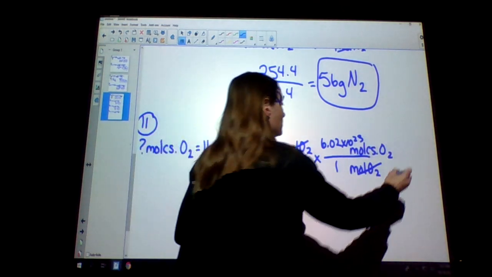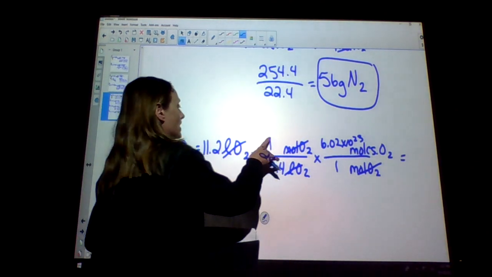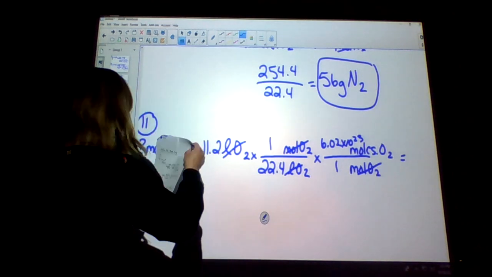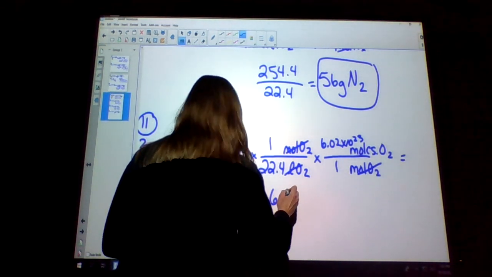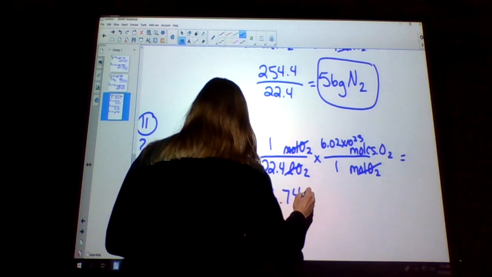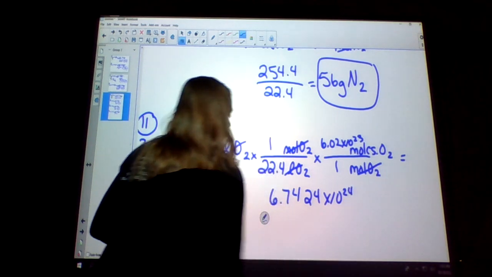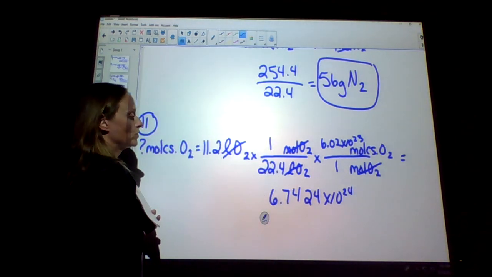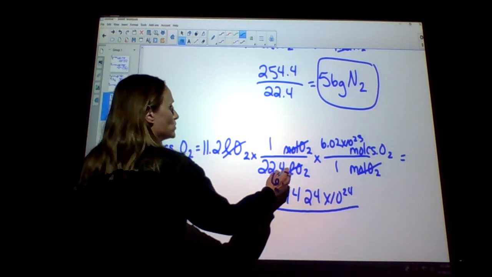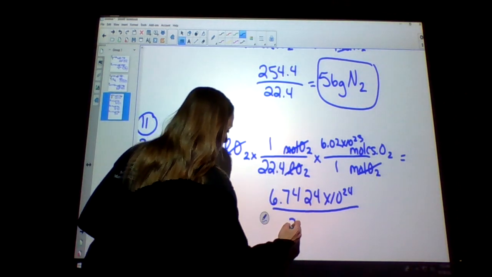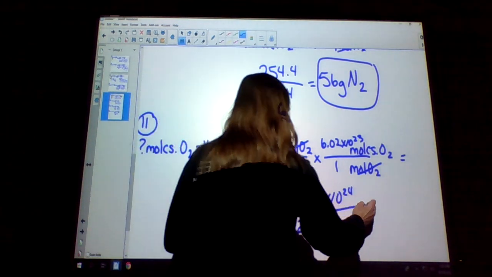Moles cancels out. So we're going to multiply 11.2 times 1 times 6.02 times 10 to the 23rd, and we get 6.7424 times 10 to the 24th. We'll take 22.4 times 1, which is 22.4, and we're going to divide.